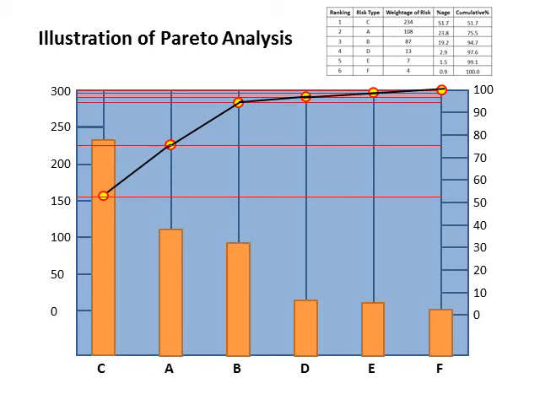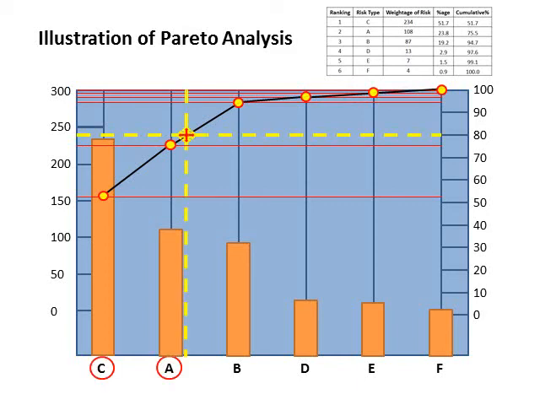The next step is you have to connect these points which you marked earlier by the black line. So the point on C to the point on A is connected, the point on A and B is connected, B and D is connected, D and E is connected, and E and F is connected.